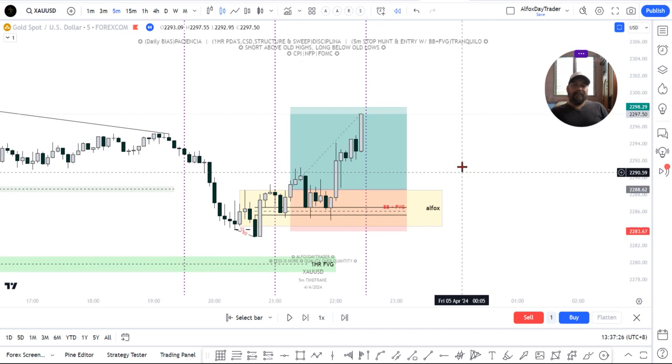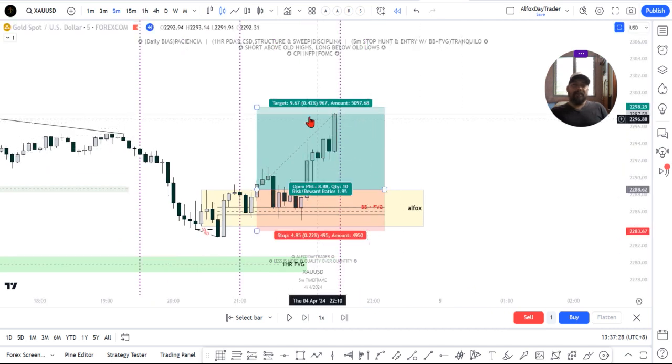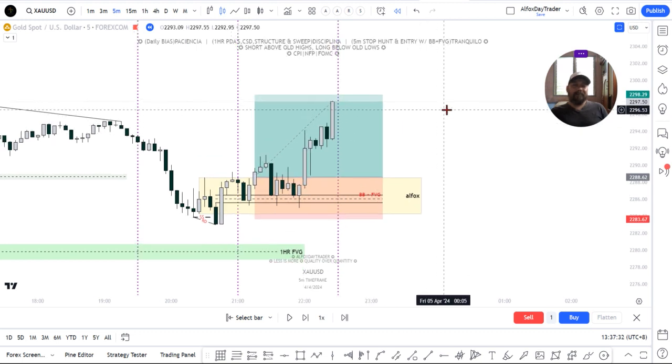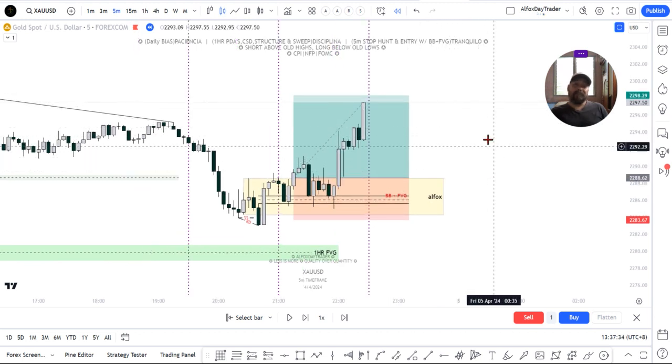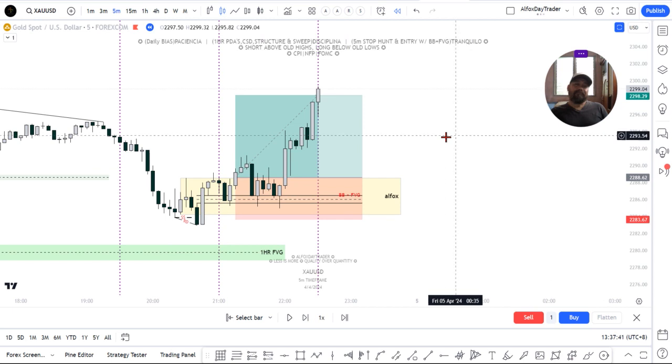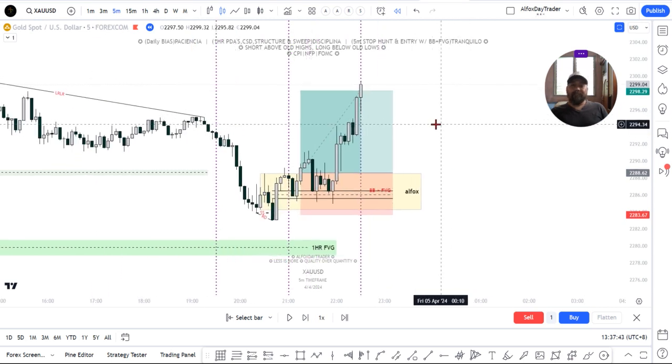So during this time, I was so happy, and I was really watching this trade. So I said, okay, one more push and we're done for the day. So the next candle, boom, TP hit.